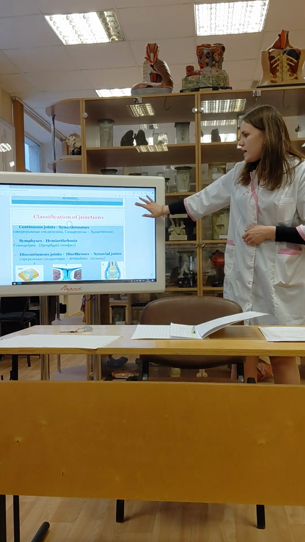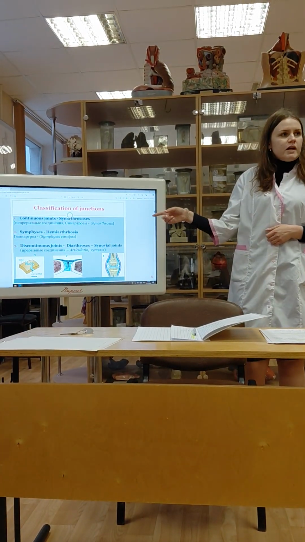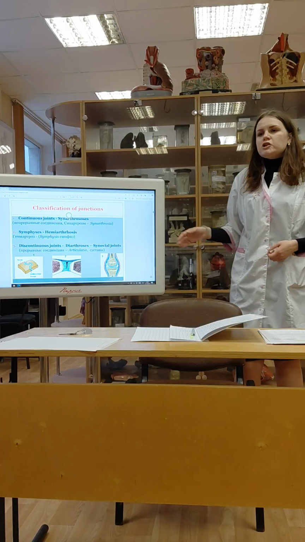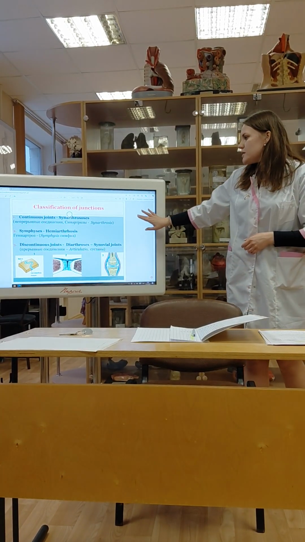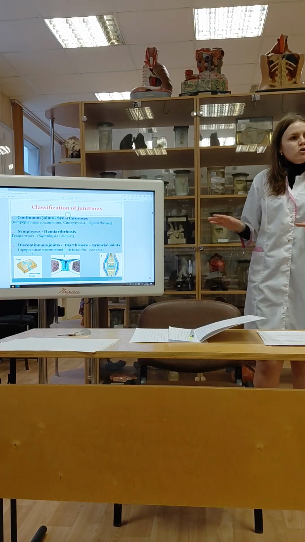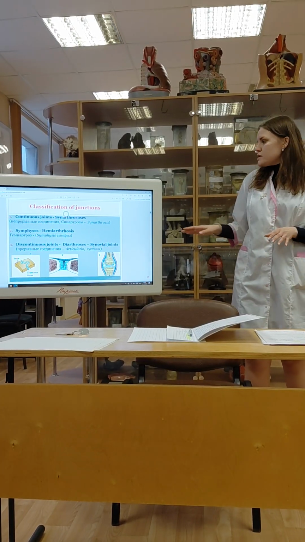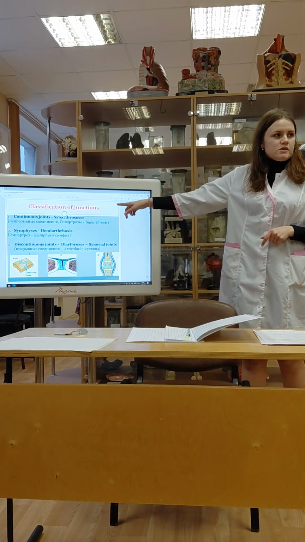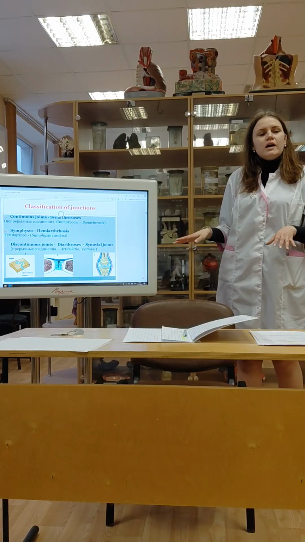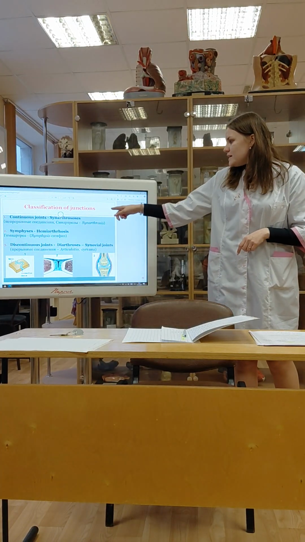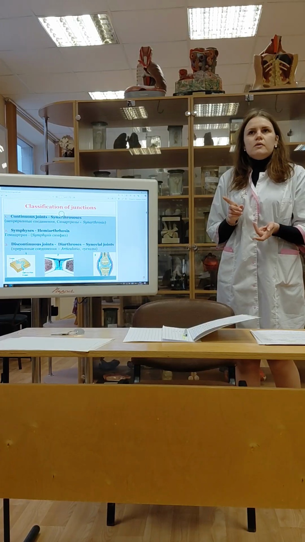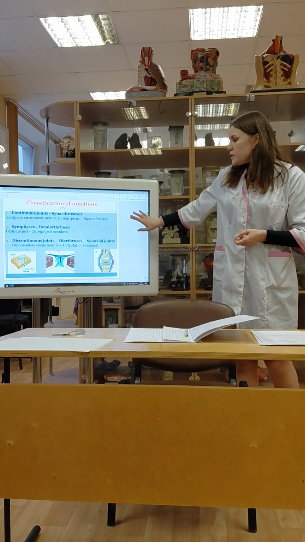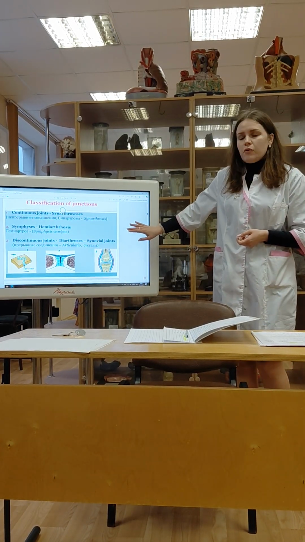And today we discuss the classification of joints. We have three big groups of joints. First, this is not synovial continuous joints, synarthrosis. These are membranes and ligaments, for example, sutures, gomphosis, fontanelles.